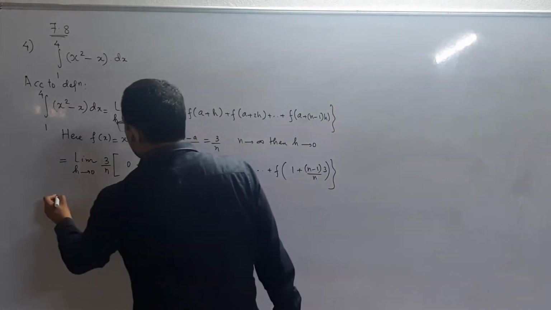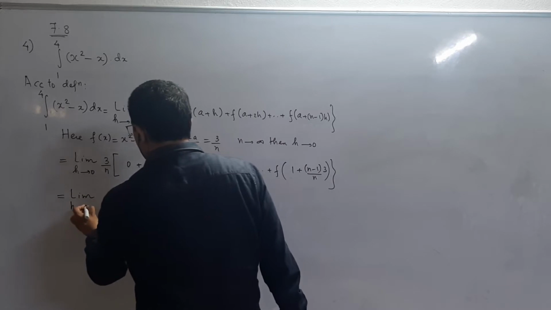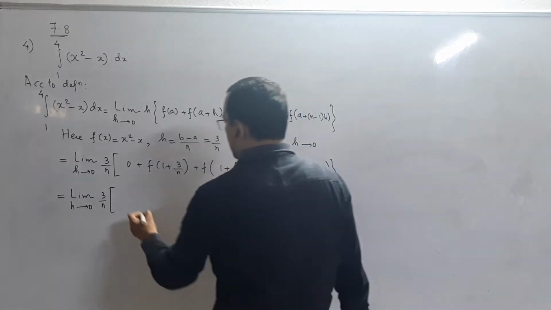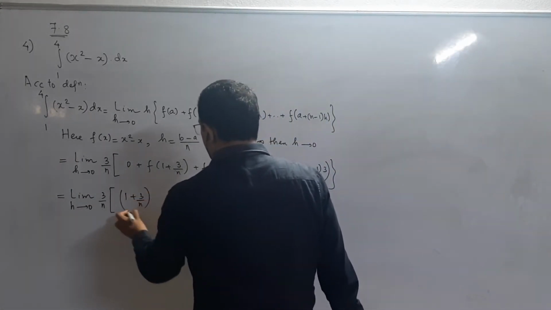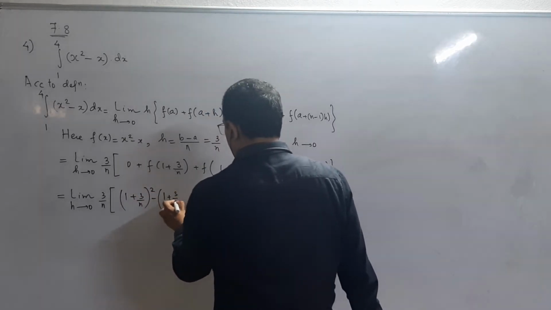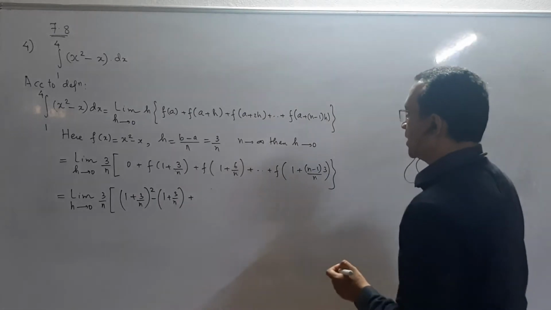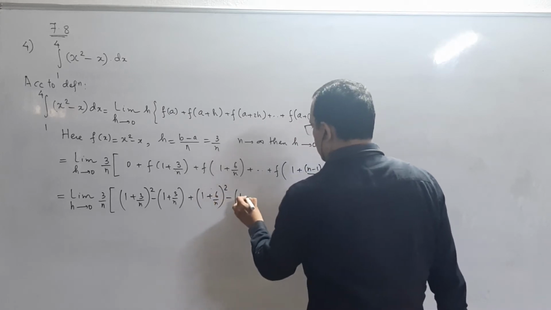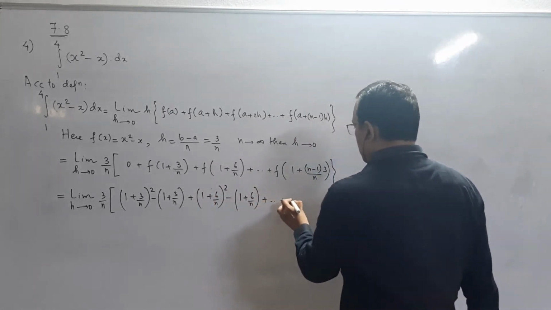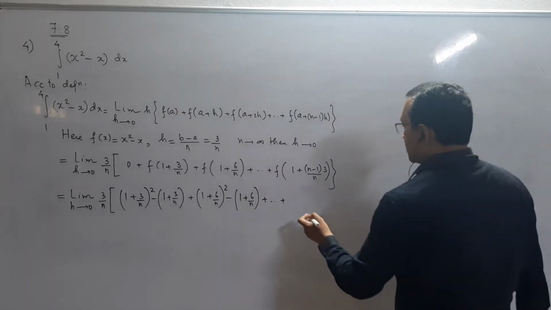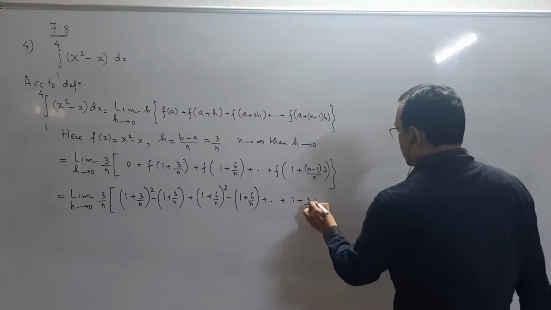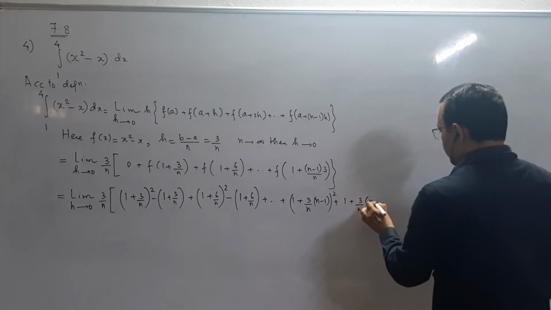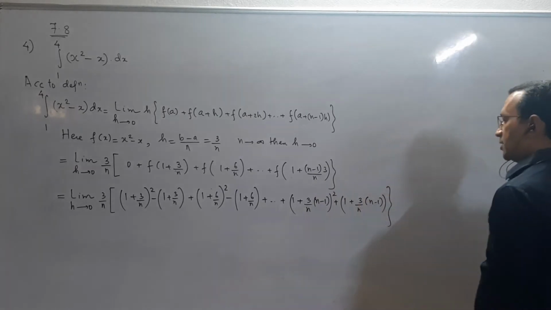Now in the next step, we substitute the values, so limit h tends to 0, 3 by n. f of 1 plus 3 by n will be 1 plus 3 by n whole square minus 1 plus 3 by n. f of 1 plus 6 by n will be 1 plus 6 by n the whole square minus 1 plus 6 by n, up to f of 1 plus n minus 1 times 3 by n, which will be 1 plus 3 by n into n minus 1 whole square minus 1 plus 3 by n into n minus 1.